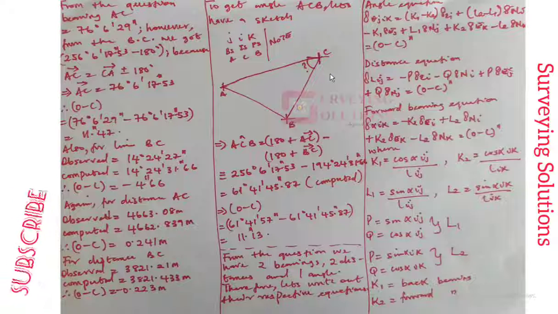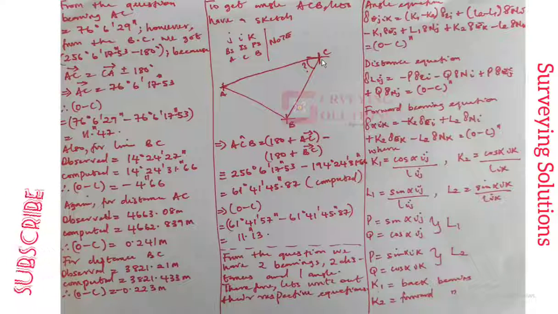So you can actually apply this for traversing. Maybe you're moving from your control to point 1 to point 2, point 1, point 2, point 3 are not actually known. Then from point 3 you now move to another control, right? When you understand the concept, you know how to apply these equations as you progress.